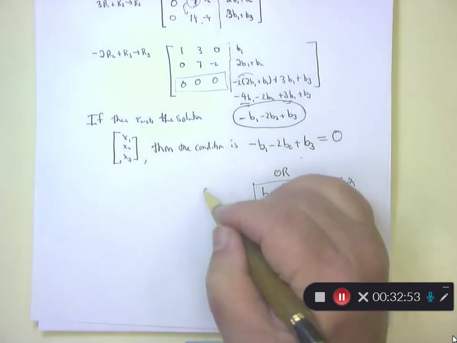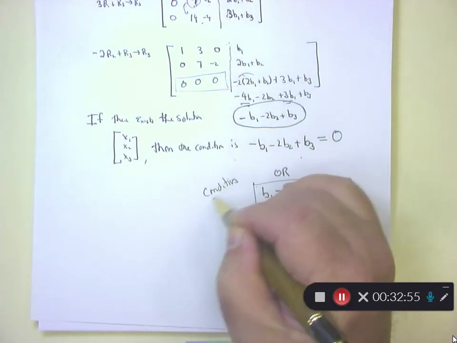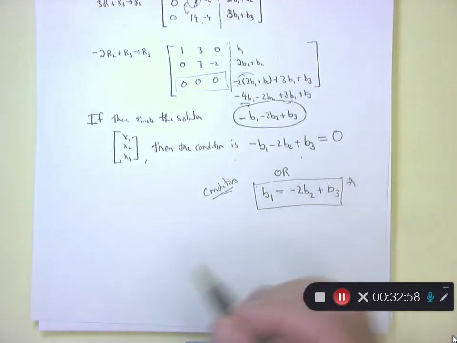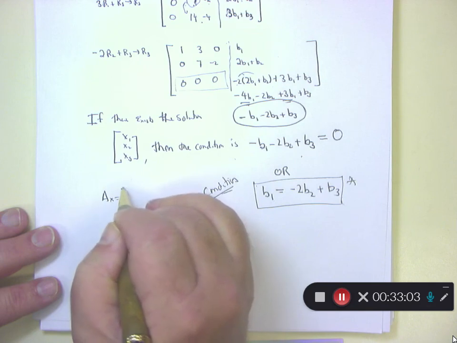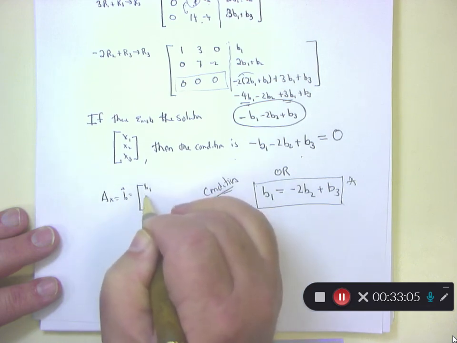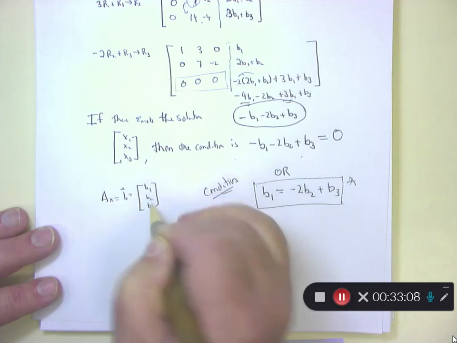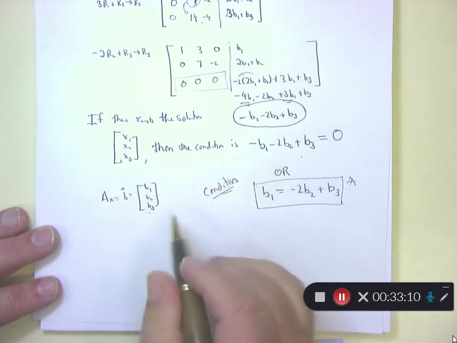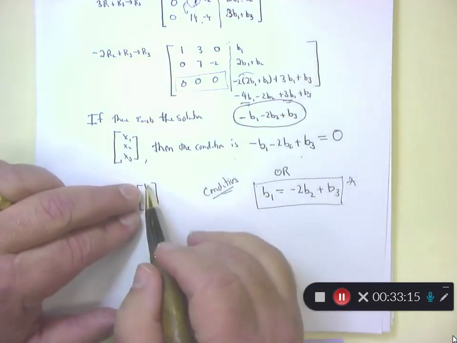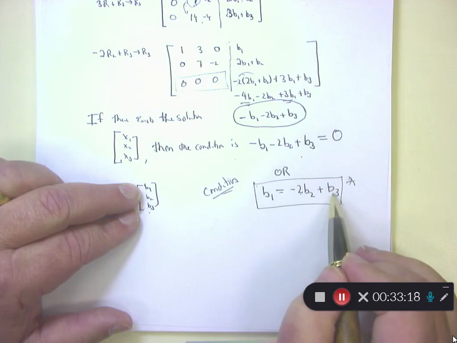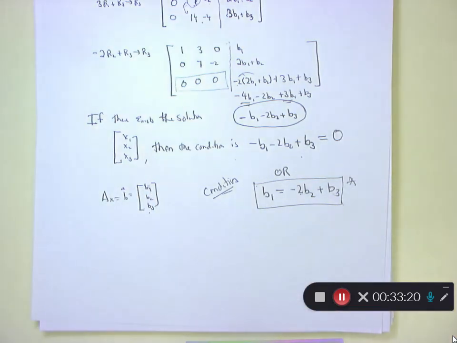This is the condition you have to have, the relationship between B1, B2 and B3. Remember, we're trying to solve AX equal to B, and your B vector was very arbitrary. It was B1, B2, B3. You can put in anything you want for B2 and B3, but B1 is going to have to be negative 2B2 plus B3 to actually have a solution to this matrix equation. Does that make sense? The condition on this guy.